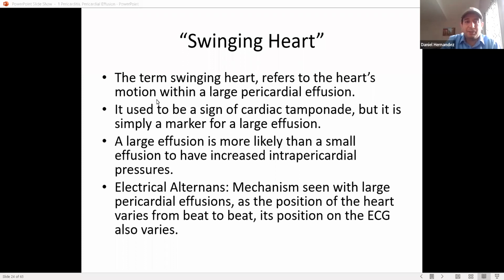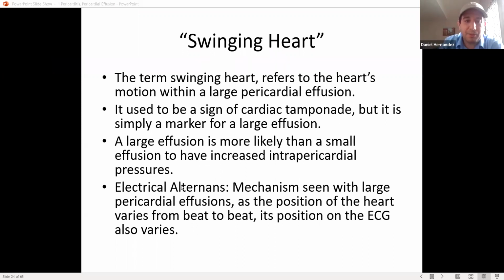It's just an indication there's a large effusion when you see the heart swinging. A large effusion is more likely than a small effusion to have increased intrapericardial pressures. So what that's saying is a large effusion is more likely to have increased intrapericardial pressures than just a small one.